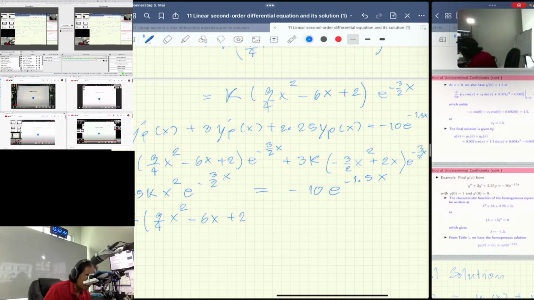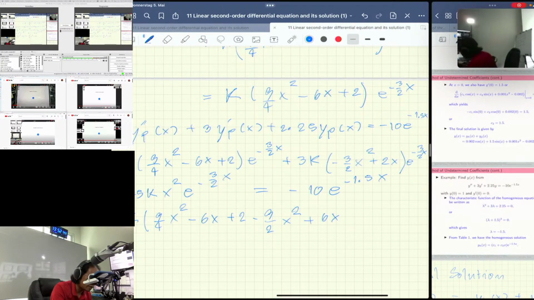And here, if you want to distribute 3 into this parenthesis, you can have negative 9/2 x squared, right? And you would have plus 6x, right?